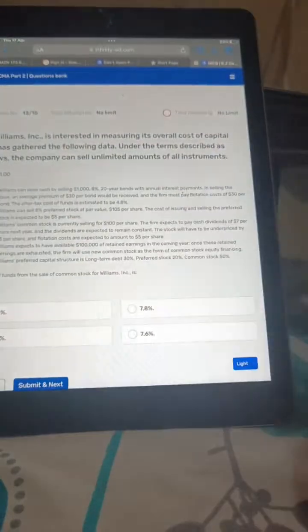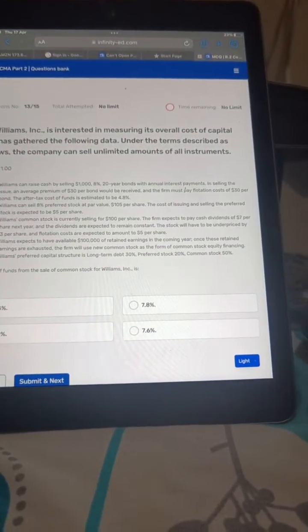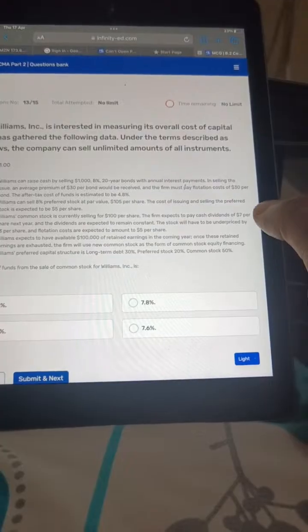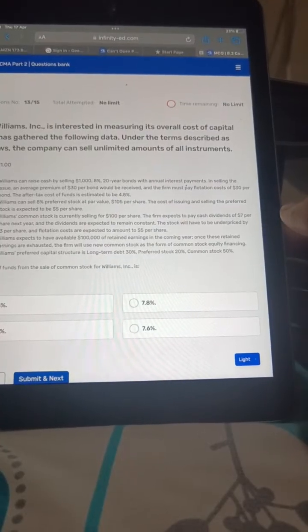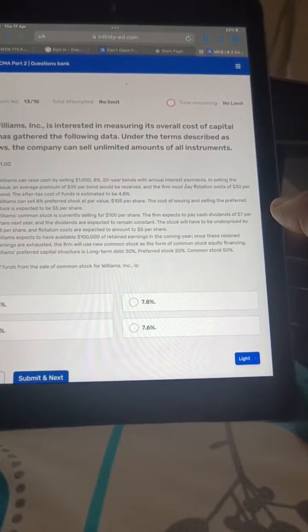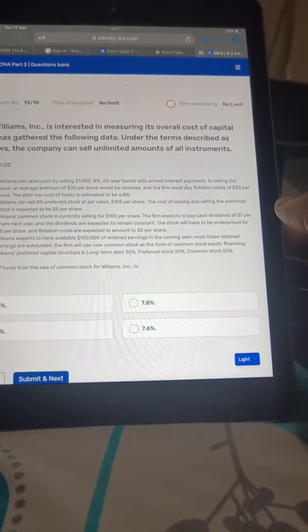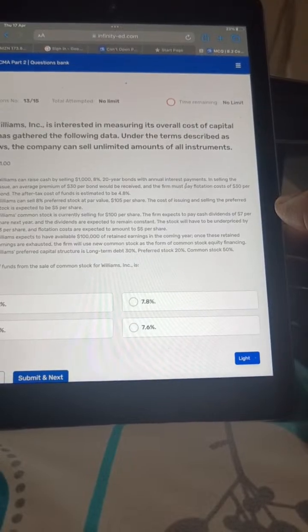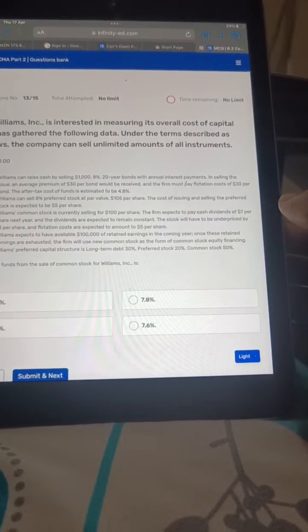Common stock current selling price is $100 per share, and the company is expected to pay a 7% dividend, $7 per share next year, and the dividend is expected to remain constant, right? No change for the next year as well.